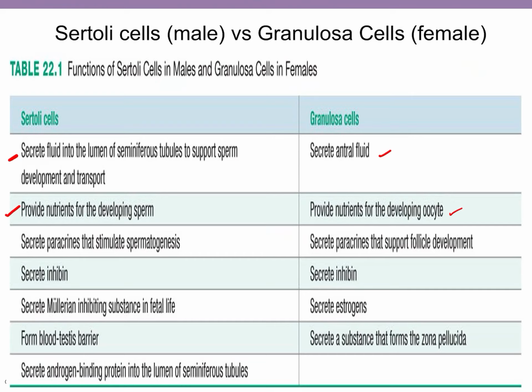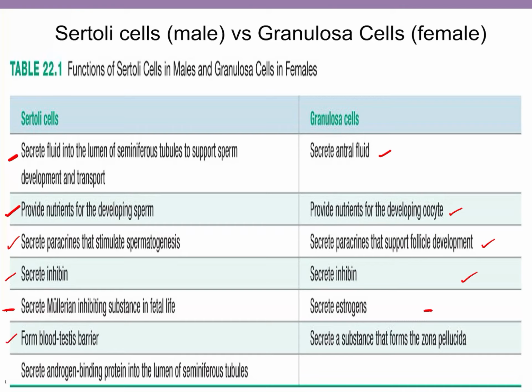Sertoli cells secrete molecules that are going to stimulate spermatogenesis, and granulosa cells also secrete molecules that support follicle development. They both are going to secrete inhibin that inhibits the follicle stimulating hormone. This is from embryonic fetal life, right? So the Sertoli cells are going to secrete this Mullerian inhibiting substance. The granulosa cells are going to secrete estrogens.